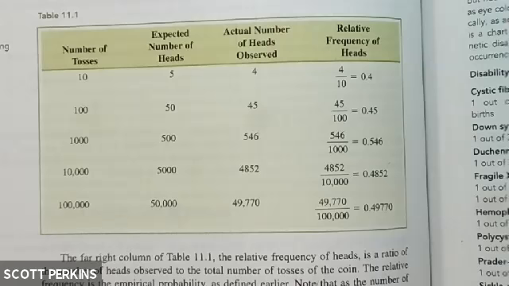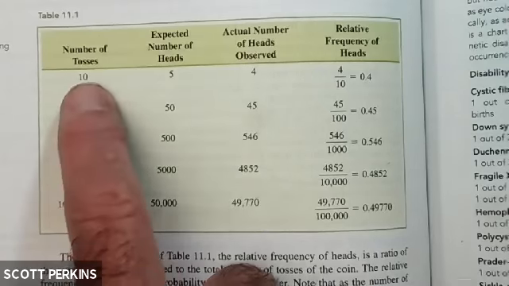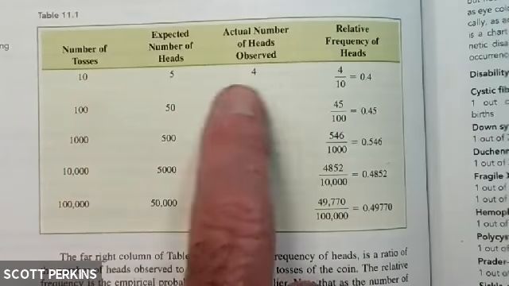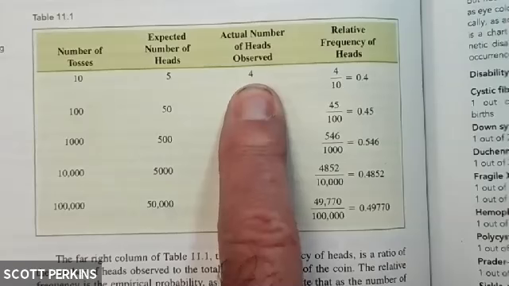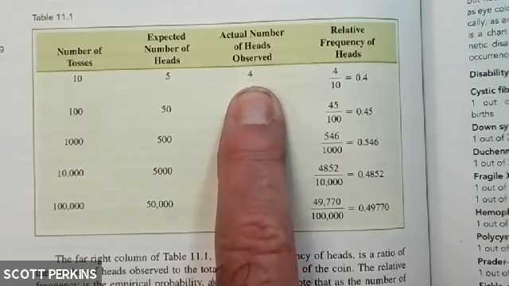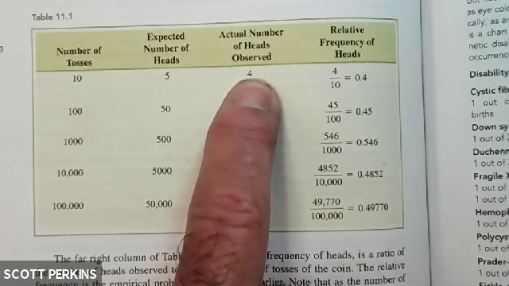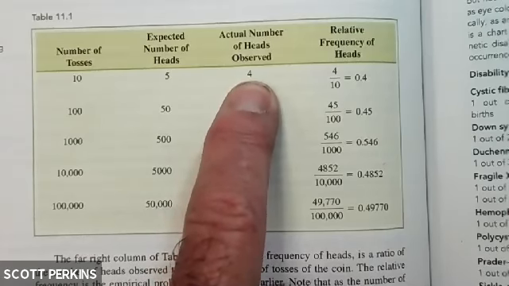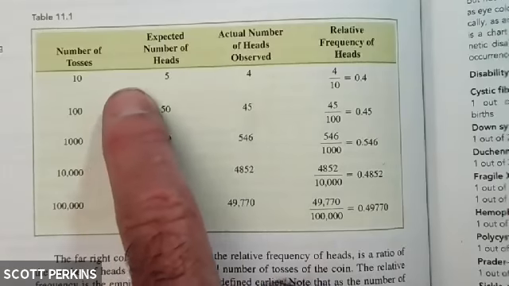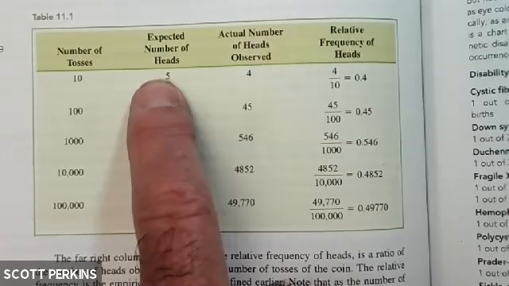If I gave everybody a quarter and we flipped it 10 times, different things would happen. So whoever performed this experiment actually got 4. Here's what I want you to notice. This is only one different than what you would hope for, only one different than 50-50. 50-50 would be if you got 5 heads, and you got 4.